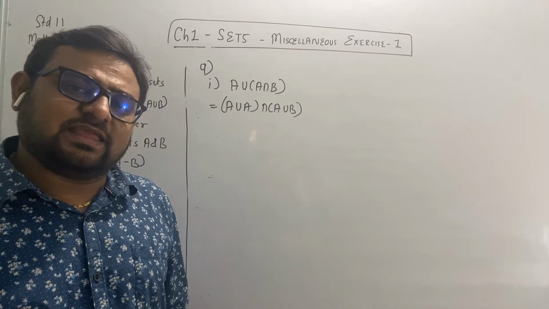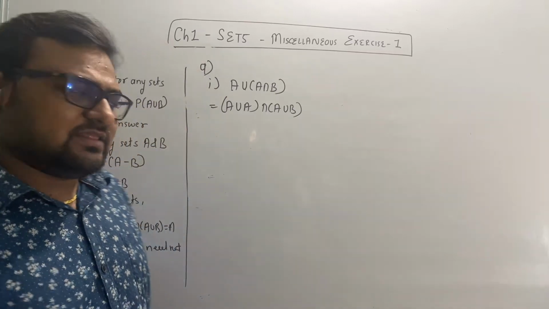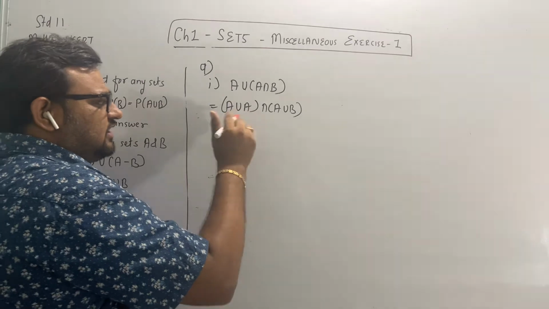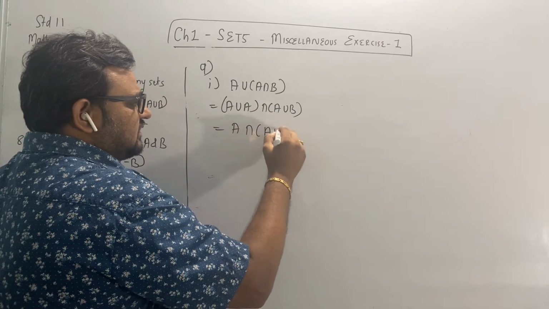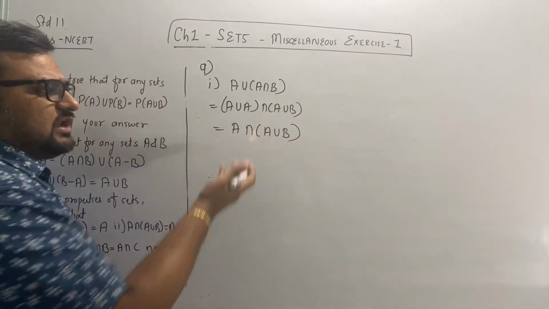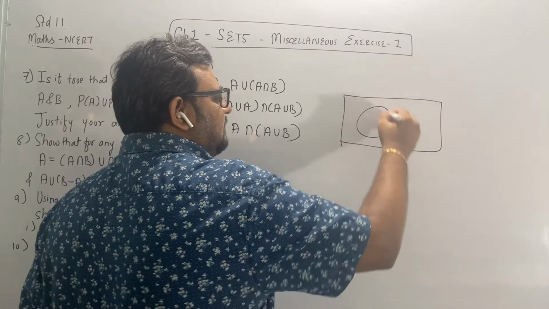Now, if we are taking the union of a set with the set itself, then the answer will be that set only. A union A will be equal to A. Intersection A union B, so again, this will be equal to A. If you find it difficult, draw the Venn diagram.